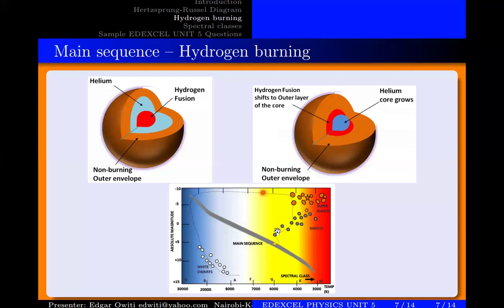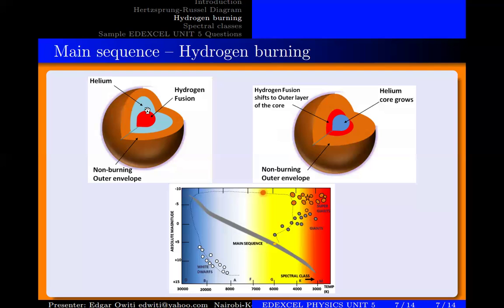The helium burning now substitutes the hydrogen burning, and the star exits the red giant stage and moves towards the left, where you have an increase in temperature, provided the helium is still burning, until the helium is all consumed, it explodes, and then it comes to the white dwarf stage, where it is heading towards its death.